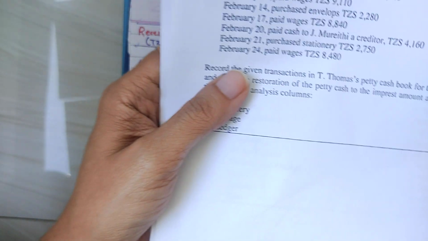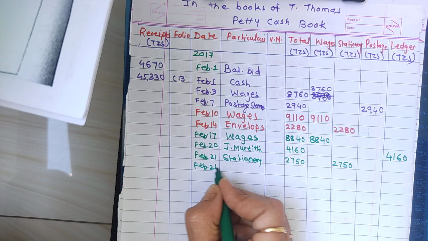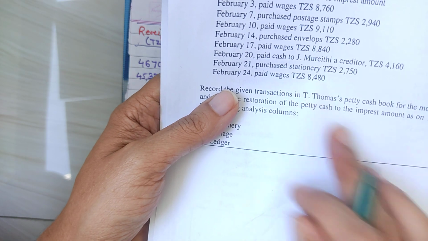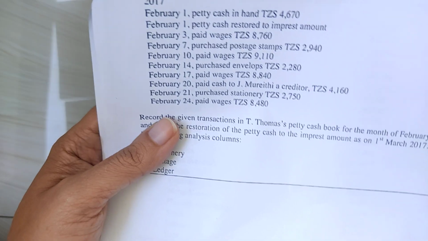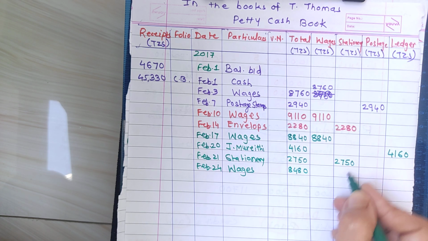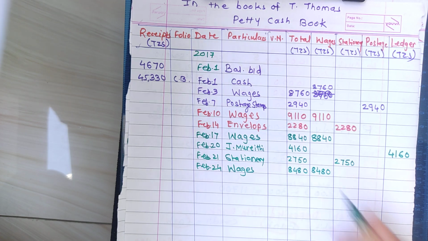And the last one, Feb 24 paid wages. Write down Feb 24, wages. It is given 8480. Write down amount in total column 8480, and the second time you will write in the wages column 8480.